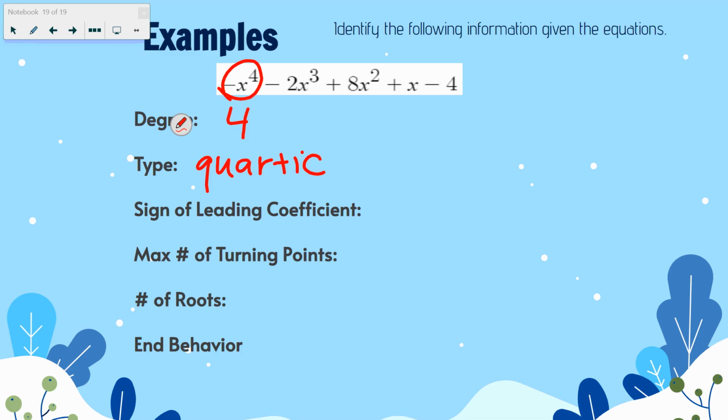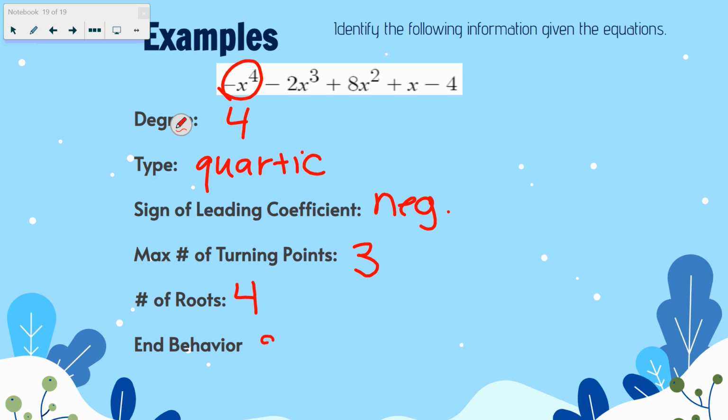It is negative. And if my degree is 4, what's the maximum number of turning points we can have? 3. My degree is 4. What are the number of roots we'll have? 4. Remember we talked about those possible scenarios earlier: all real, 2 imaginary and 2 real, or 4 imaginary.